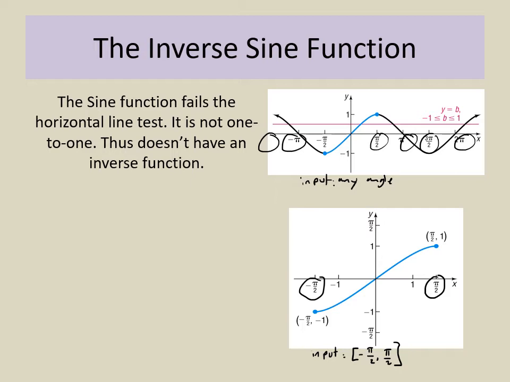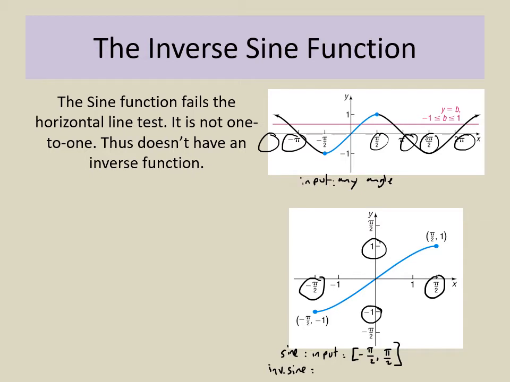Why does that matter? Well, remember that the inverse function gives us back an angle. The sine function takes an angle and gives us a value between negative 1 and positive 1. The inverse sine is going to do the opposite.